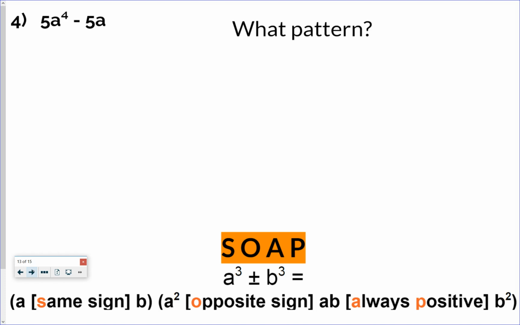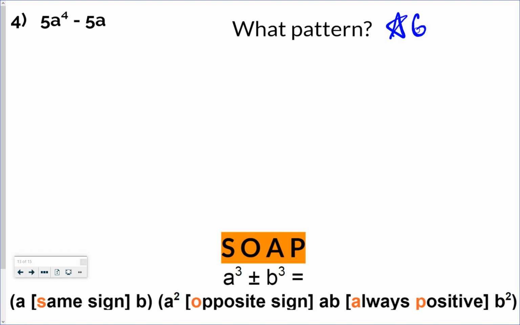All right. 5a to the fourth minus 5a to the first. Is it a difference or sum? Is it perfect cubes? No. But, yes, common factor. What could I take out of each? 5 and an a. Good job.